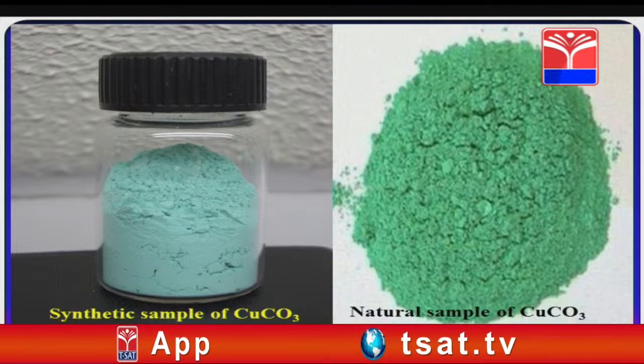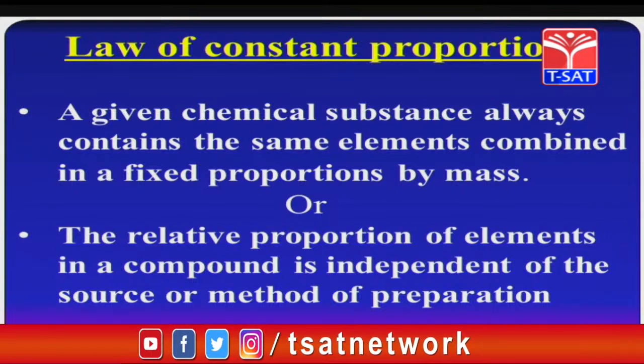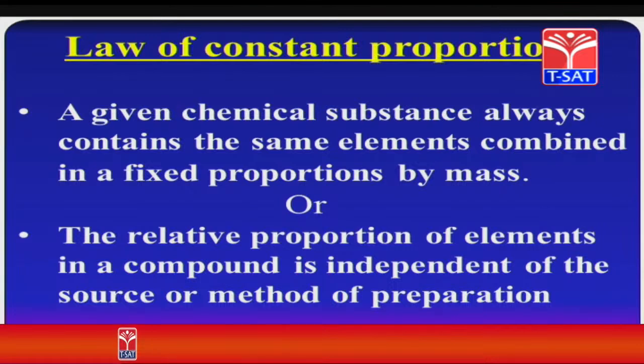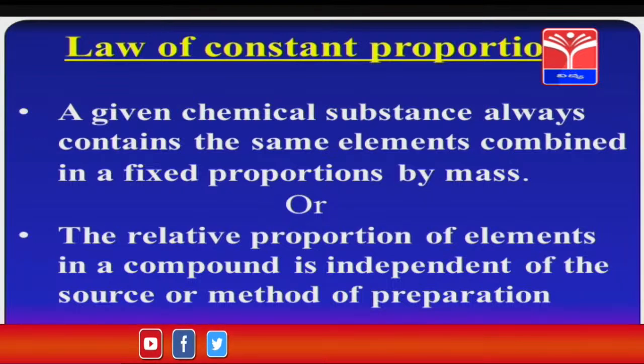That the reactants combine in a fixed ratio, and then he proposed the law of constant proportions. That means in a given chemical substance, the same elements combine in fixed proportions by mass. The relative proportion of elements in a compound is independent of the source or the method of preparation.